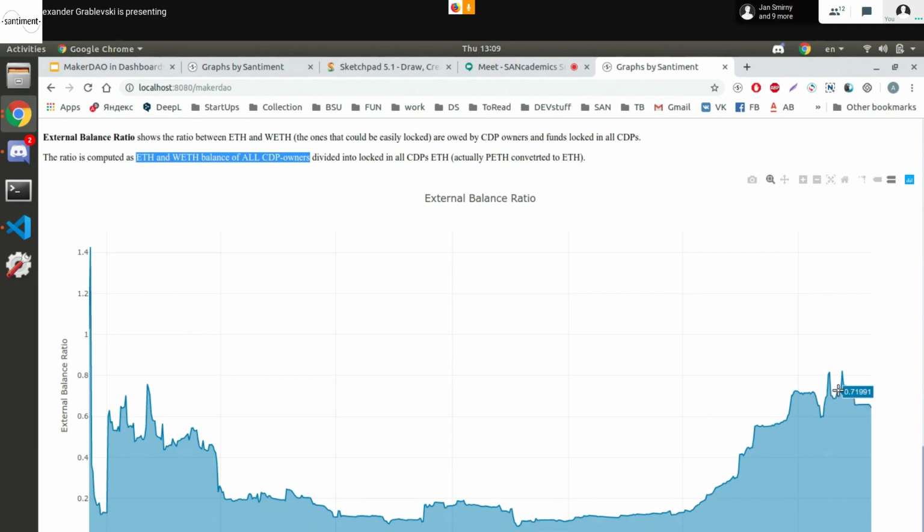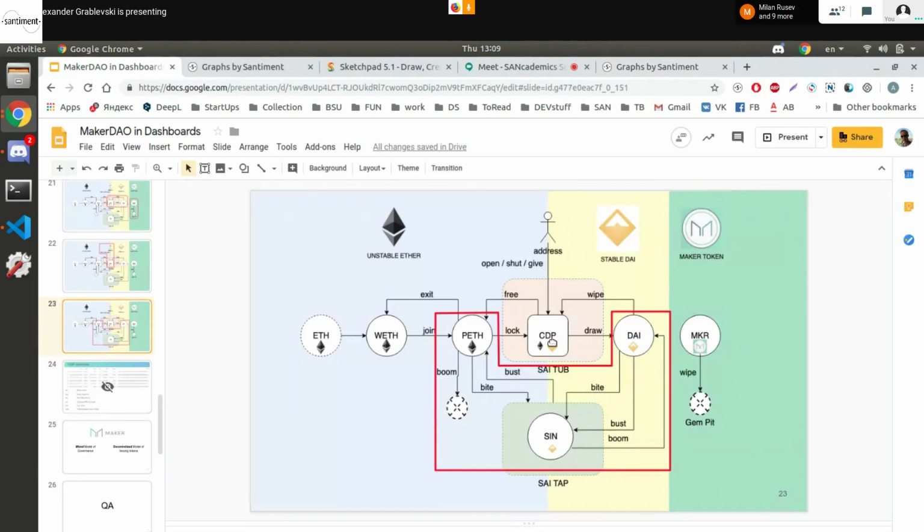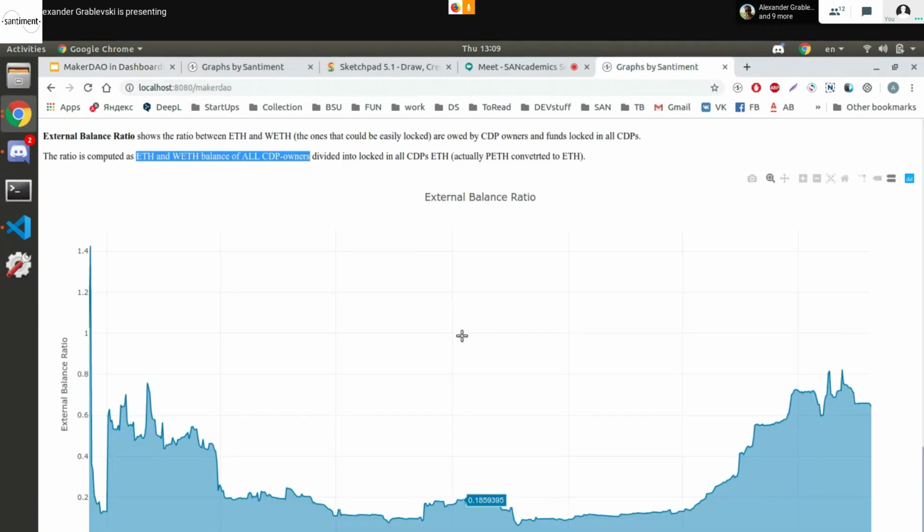But at this point, you see that it's becoming much safer because CDP owners hold more recent dropped ETH, so they can make these lock events very easily. They don't need to trade other tokens for ETH, convert it to dropped ETH, and then go through the cycle. They can easily convert the dropped Ethereum to Ethereum here. So that's it.